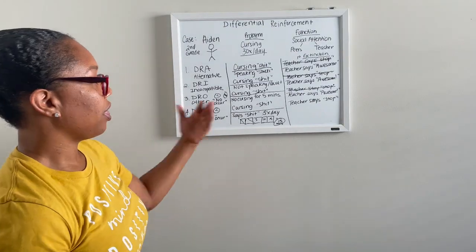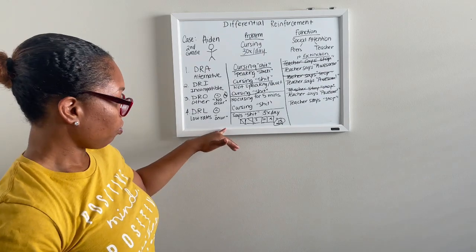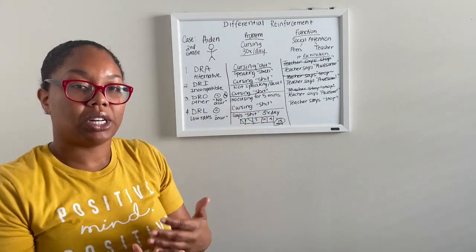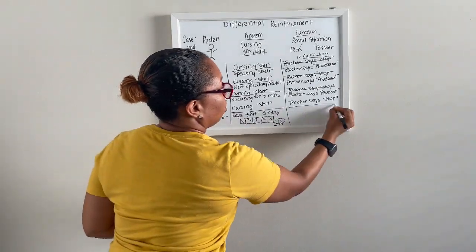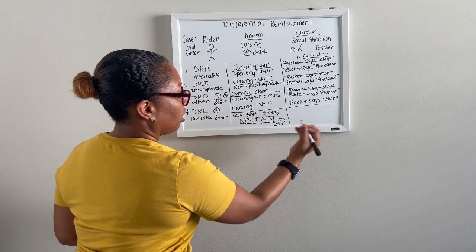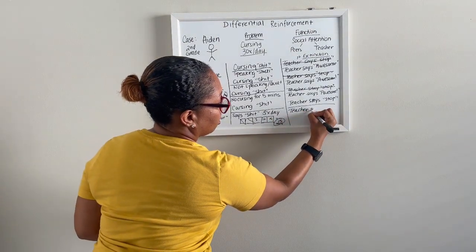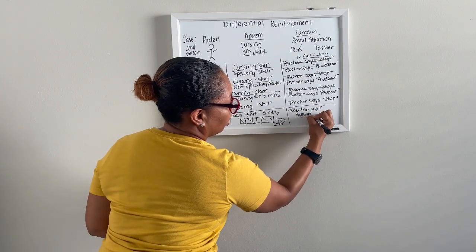And that's how that behavior of cursing would decrease. So he's still engaging in it, but it's just not as much, and he's still able to access attention. All right, so what we need to write here is teacher says awesome, and he is rewarded with attention.